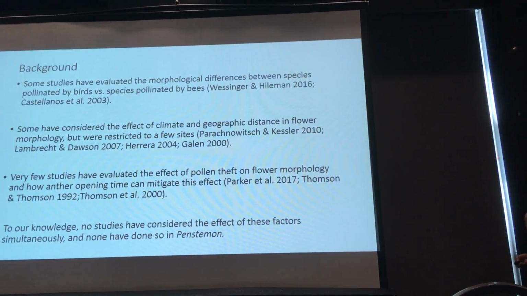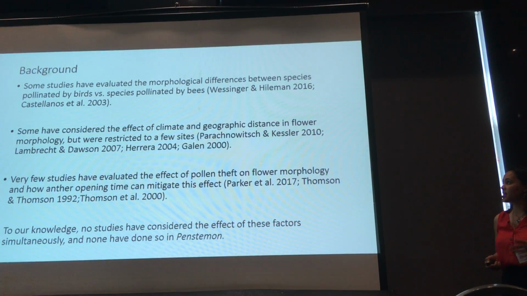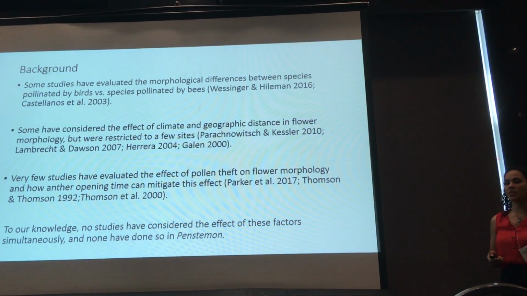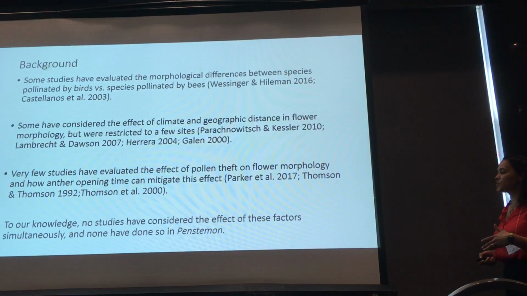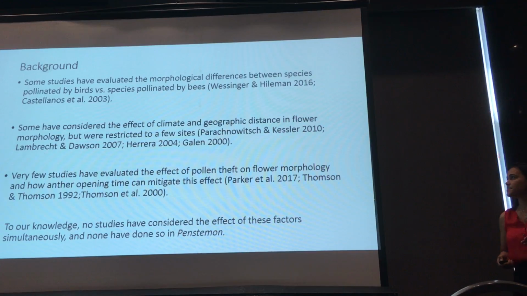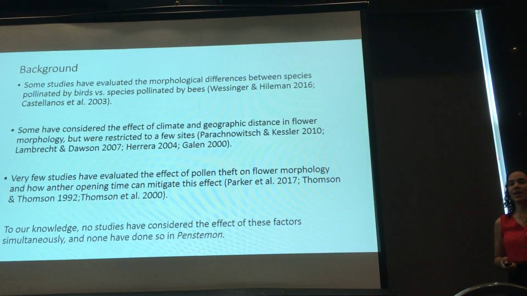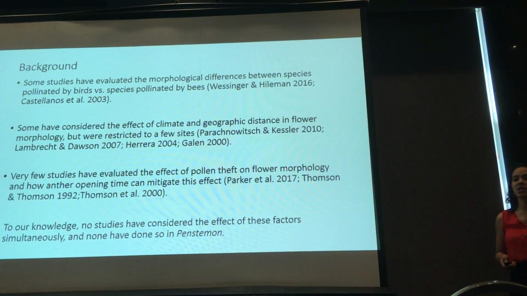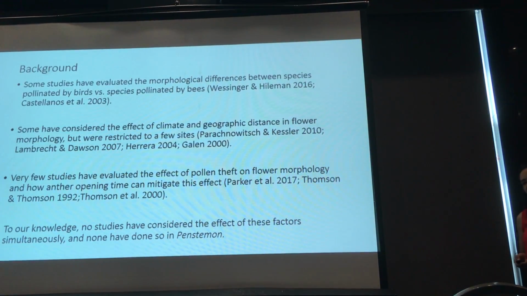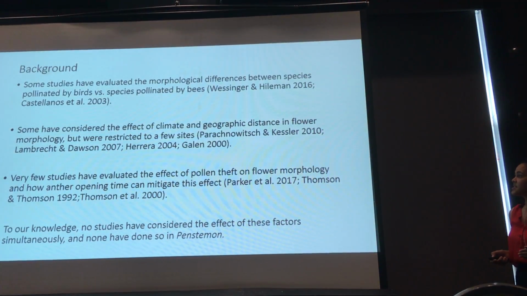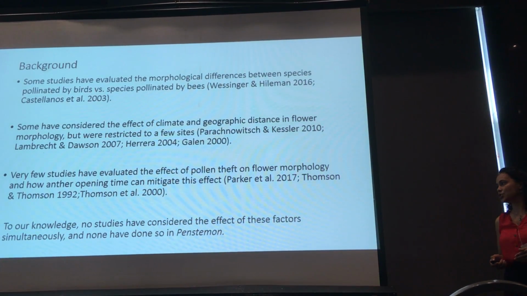Many studies have tried to understand the difference in morphological variation between species pollinated by bees versus those pollinated by hummingbirds or birds in general. Some studies have evaluated the effect of climate, such as temperature, precipitation, and snow melt, and geographic distance on flower morphological variation.